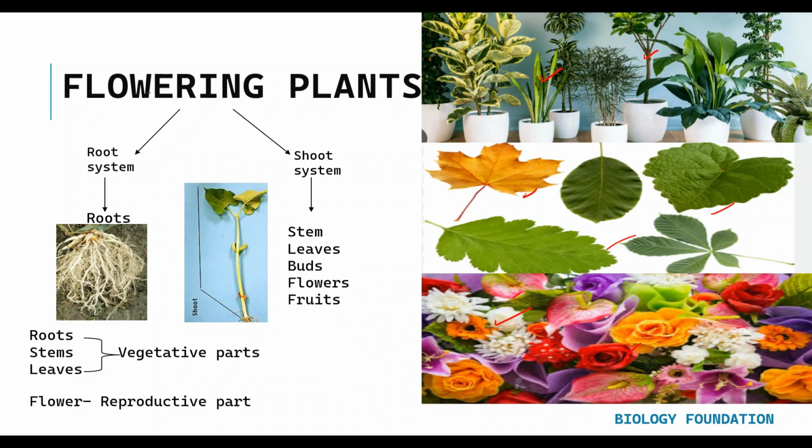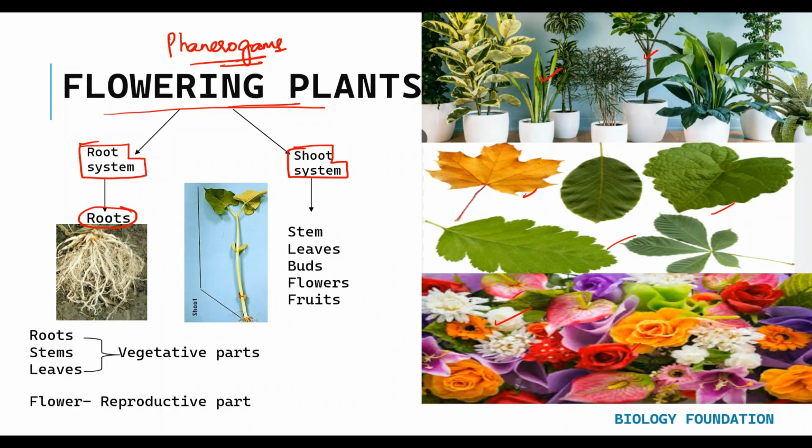Okay, so any flowering plants belong to which division? They belong to phanerogams. Okay, so basically, any flowering plant has a root system and a shoot system. Okay, what does the root system mainly consist of? It consists of roots. Okay, root system is the system which is present in the soil.